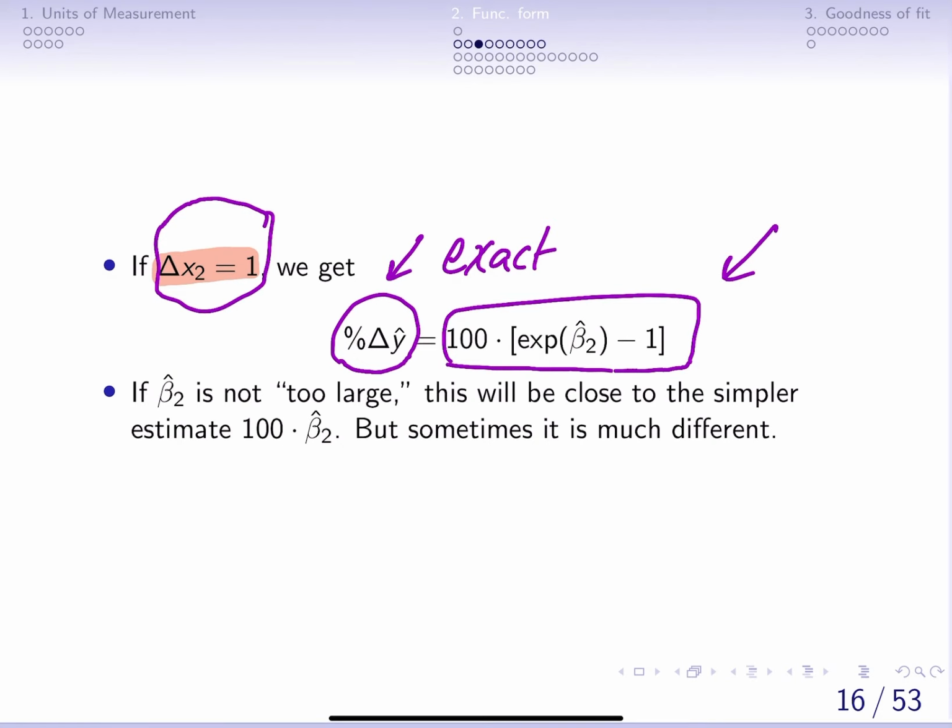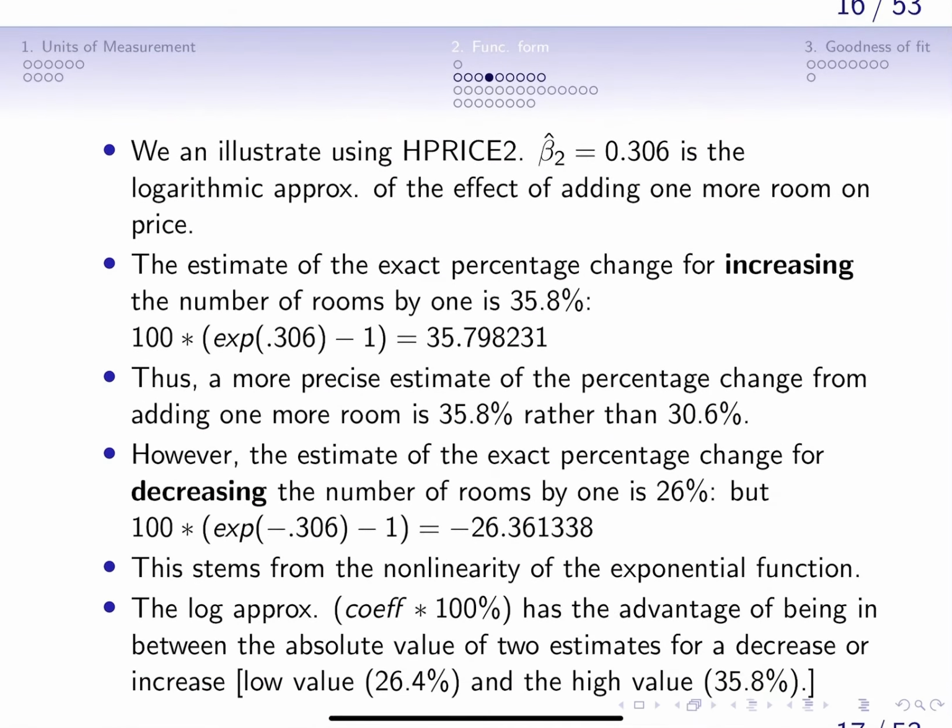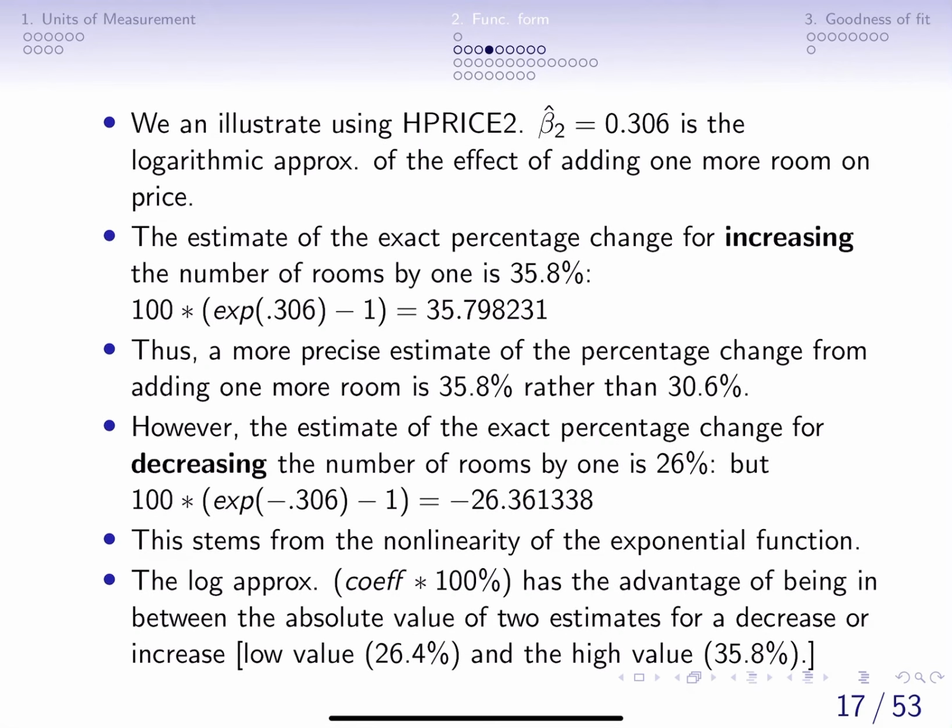So remember that if beta 2 hat is not too large, this will be closer to the simpler estimate of 100 times beta 2 hat. But sometimes this can be different. Now let's try to illustrate this point by using some examples. Let's say that the effect of increasing median rooms by 1 is 30.6%.